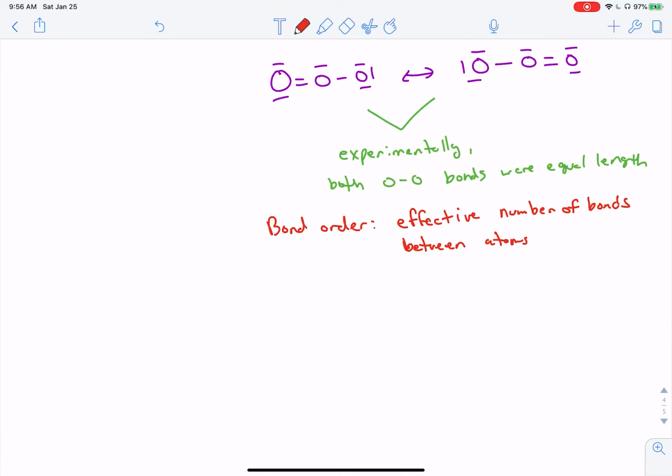The way you do that is you take the total bonds divided by the number of atoms bonded to the center.